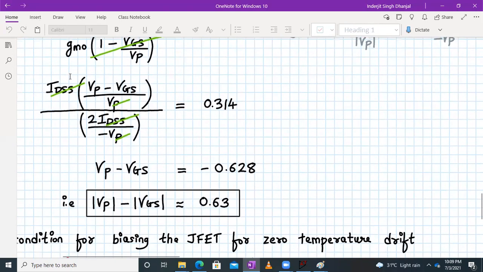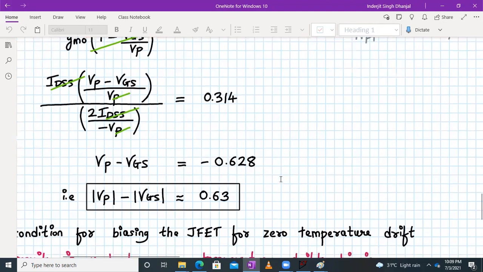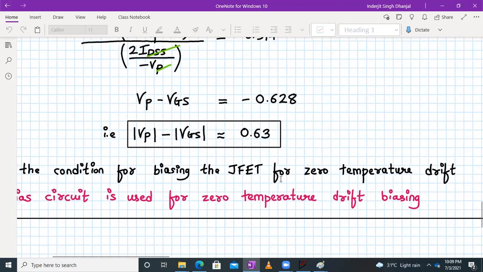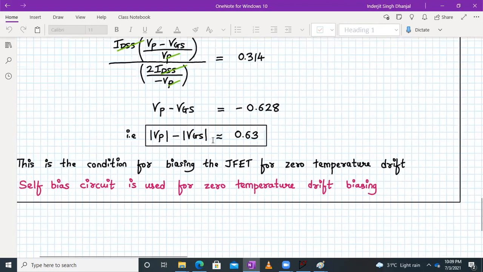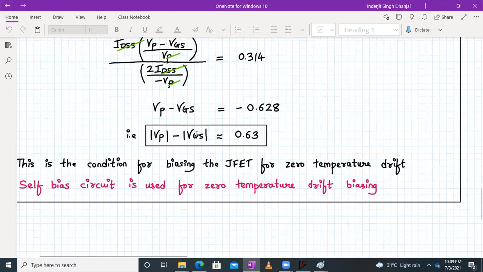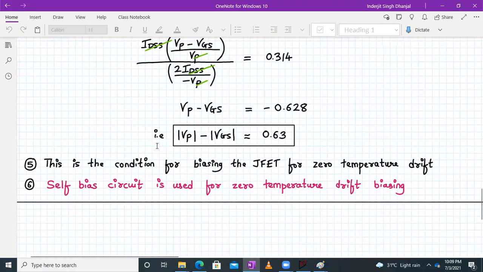Over here, IDSS also cancels out, and we are left with VP minus VGS equal to minus of twice 0.314, that is 0.628. So at the final step, this is the condition for zero temperature drift: mod of VP minus mod of VGS should be approximately equal to 0.63. So this is the condition for biasing the JFET for zero temperature drift.